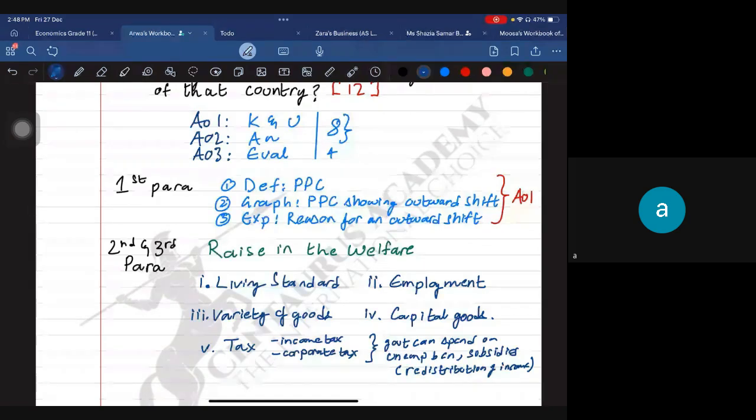Why I asked you to make so many points is because when the student is writing and comes up with a point, let's suppose a point like variety of goods at the very start, and starts writing about it. In all of these points, you would never add a point like variety of goods. Why? Because you need to do an analysis. How much analysis will you do on this?